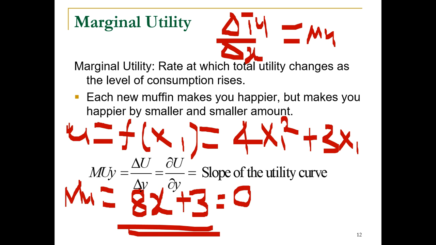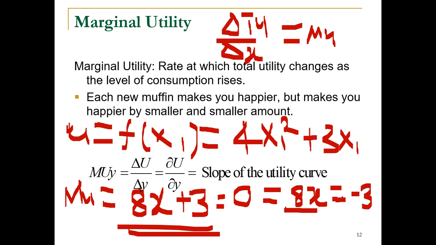Assuming this is our utility function, and then we have the marginal utility function, to solve for the utility maximization units, given that you are only consuming one good, in this case good x, you just get the marginal utility function, equate it to 0, then solve for x. So in this case, 8x is equal to -3.